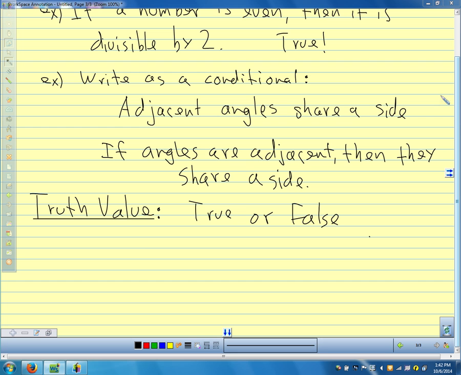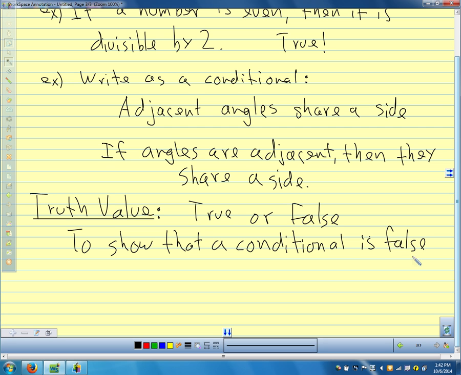So there's only two possible truth values, and to show that a conditional is false, what do we need to do?